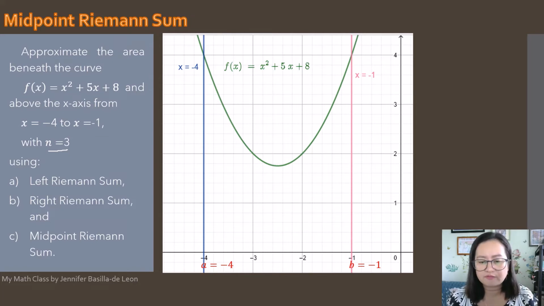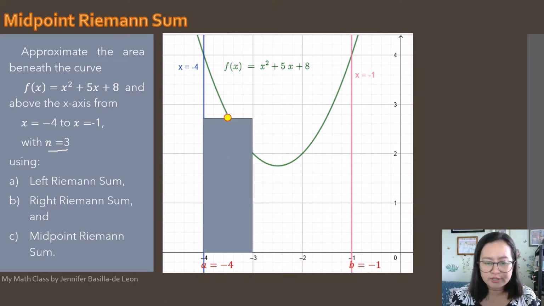We shall have the first subinterval from -4 to -3, then -3 to -2, and from -2 to -1. In order to get the length of this rectangle, we shall evaluate the given function x squared plus 5x plus 8 using the midpoint of the subinterval.